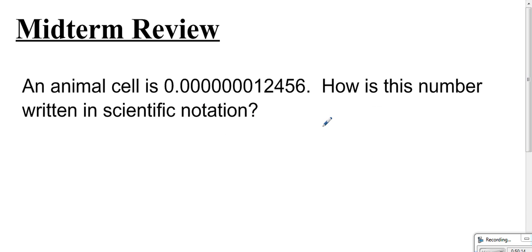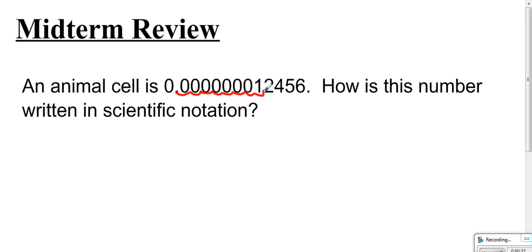Okay, so an animal cell is this large number. Is it large? No. Very, very small number. How is this number written in scientific notation? First off, you have to make a number between 1 and 10. You count 1, 2, 3, 4, 5, 6, 7, 8.